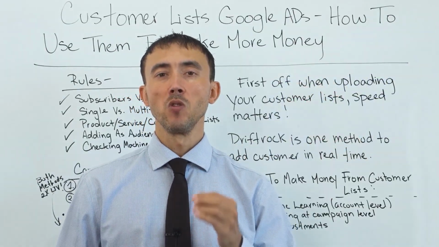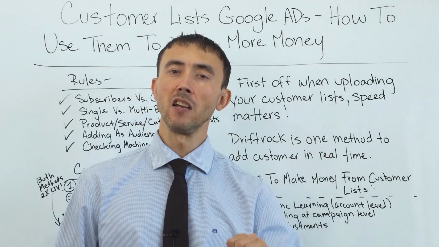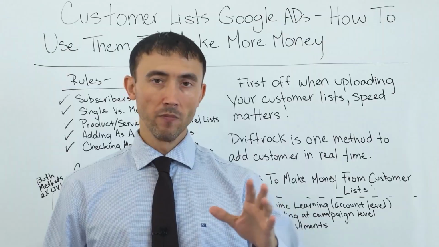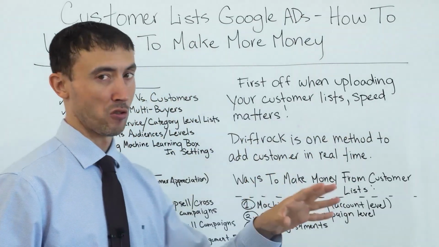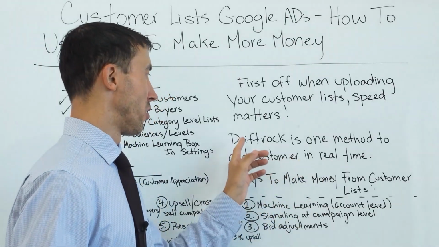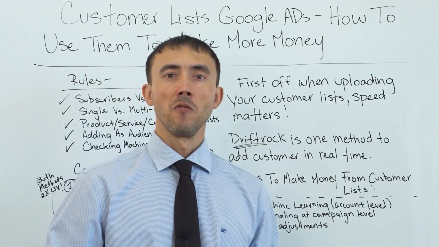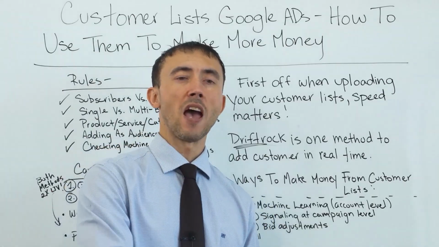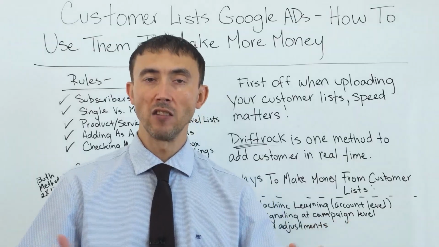So ideally, you would get it in real time, not uploading it manually when you get around to it or when you remember, but in real time using scripting of some sort. Now, there's software that specializes in getting customer data from your company into different ad platforms like Google Ads, so you can make all the extra money from your ads.